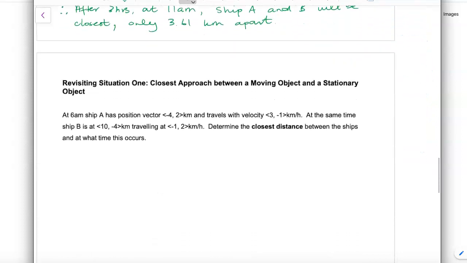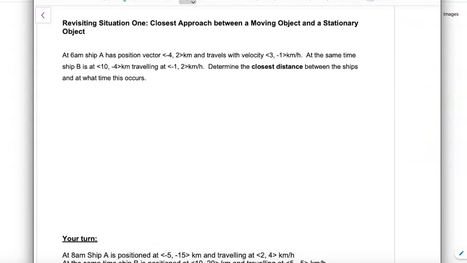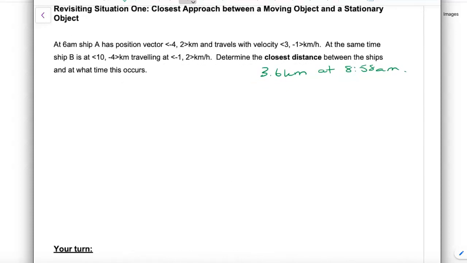Okay, let's take a look at situation 1 again. Previously, when we used the function minimum, we found a solution of 3.6 kilometres at 8:58 a.m. So we want to see if we actually get that same solution using our new scalar product that we found, saying A relative to B over time, scalar product with the velocity of A relative to B equaling 0. So let's actually find a vector to represent these.